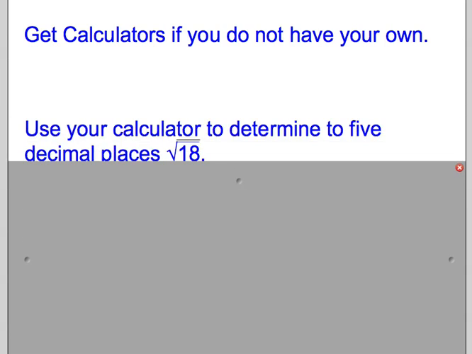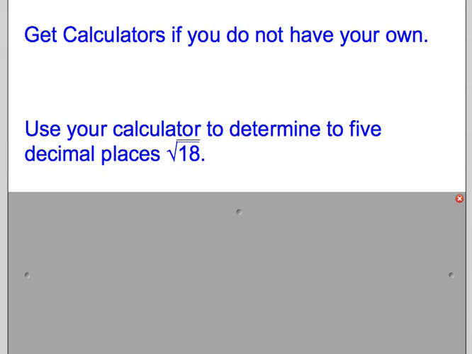All right, so the first part of this isn't a big deal. Use your calculator to determine, to 5 decimal places, the square root of 18. So whenever I take the square root of 18 on my calculator, it may take a second to get it up here. It shows me that that's 4.2426406.